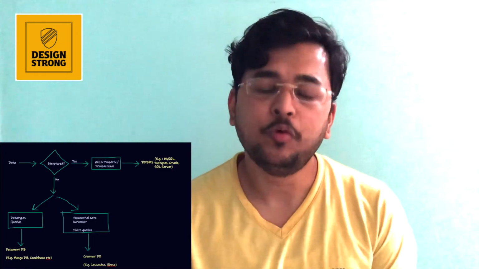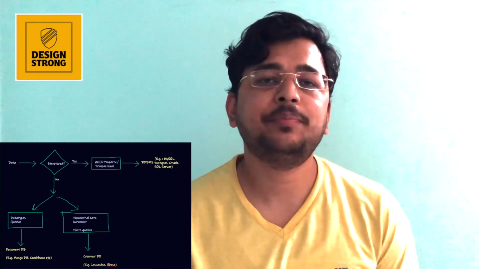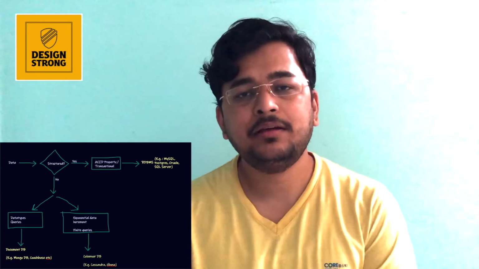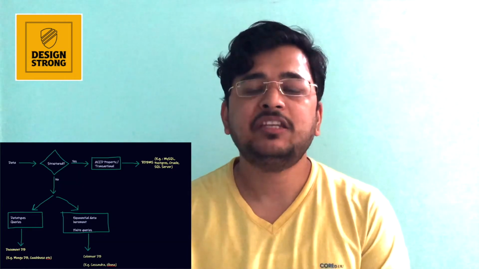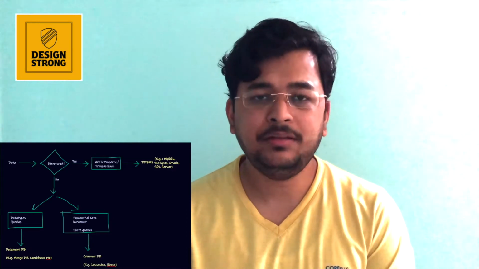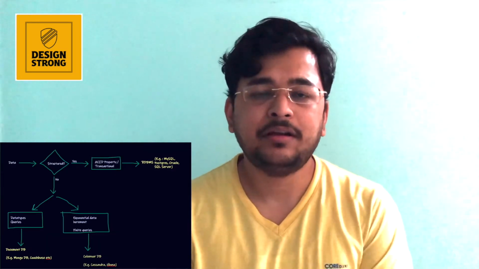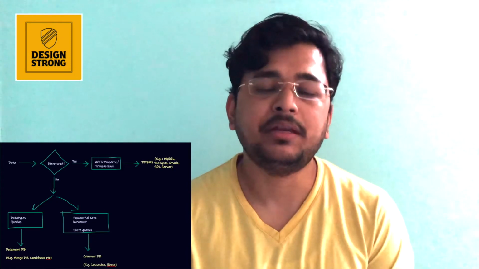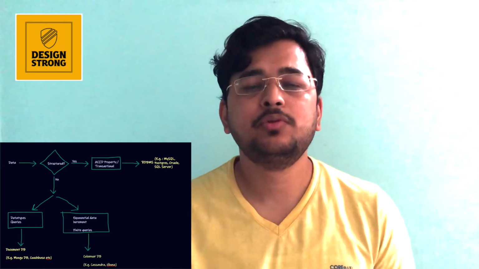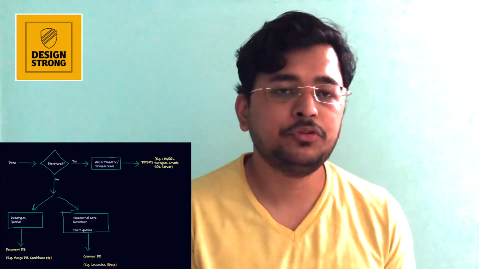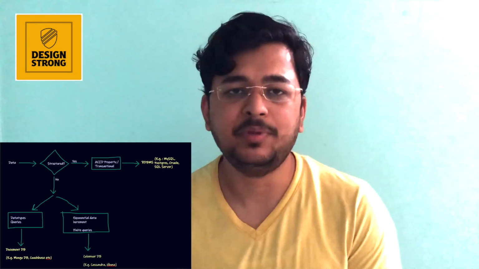HBase and Cassandra both can be used, but I generally prefer Cassandra because, in terms of infra, HBase is a bit difficult to manage and maintain, whereas Cassandra can be set up easily and can also be managed easily. So if you have these choices in mind, you can easily decide whether we should choose a NoSQL database or an RDBMS in an interview.